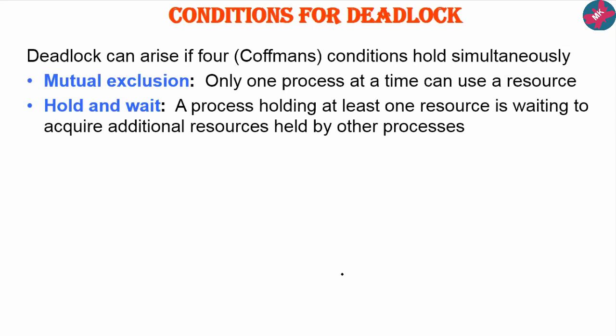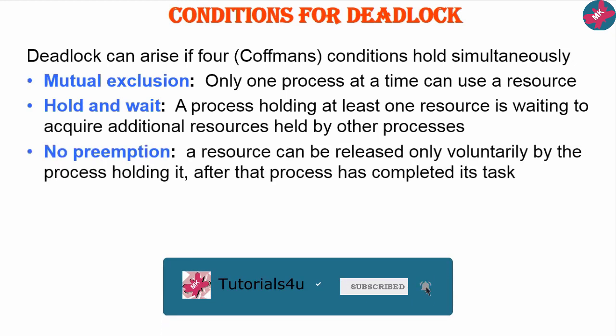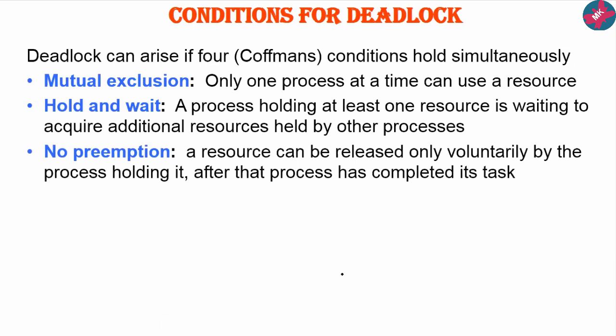Means what? A process is holding at least one resource and is waiting to acquire an additional resource which is being held by another process. Third condition is no preemption, means a resource can be released only voluntarily by the process holding it, and only after that process has completed its task will it release that resource.